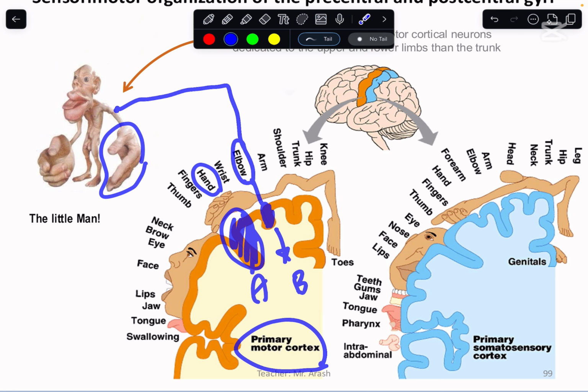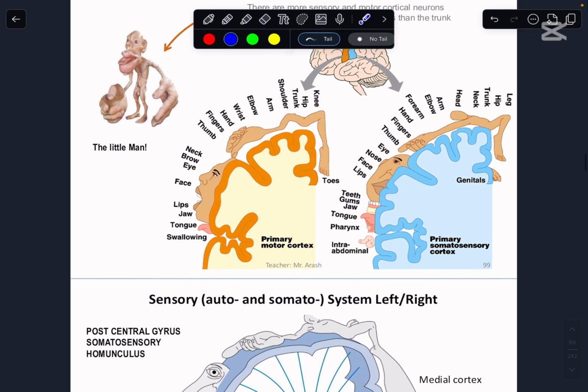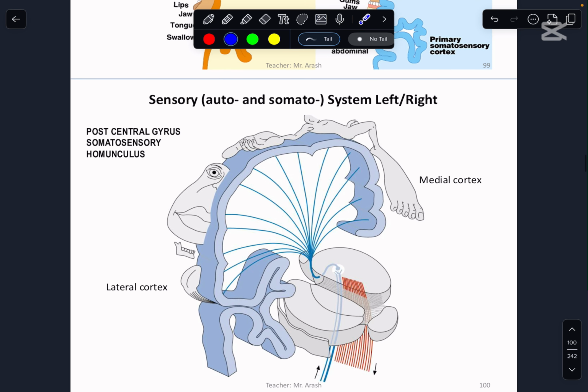For obvious reasons, you are not going to use your elbow to play the piano or the guitar, or to do anything intricate or anything that requires fine, meticulous movement. You're going to use your fingers and your hands. Because of that, you need bigger parts of the brain to carry out those more intricate functions. So that's the reason.